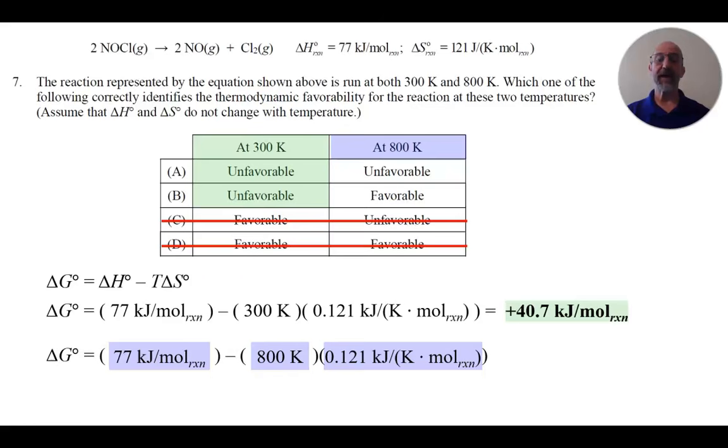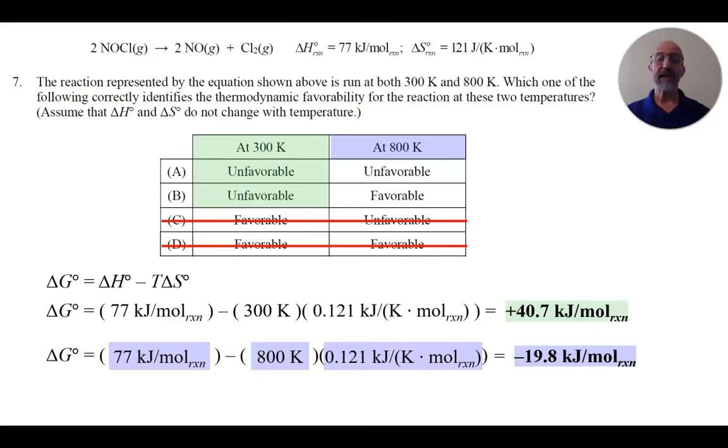When I pick up my calculator, it's going to be 77 minus the product of 800 times 0.121. And the number that I get is actually negative. I get negative 19.8. So it is going to be thermodynamically favorable at 800 Kelvin because the sign of delta G is negative at 800 Kelvin.